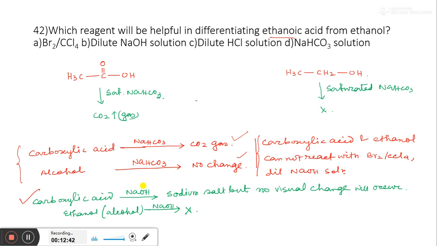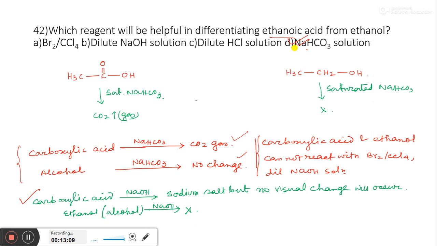The best reagent is sodium bicarbonate, where a visual change will occur: when sodium bicarbonate reacts with acid, it forms effervescence of CO2 gas, whereas ethanol cannot react. By seeing the effervescence of CO2 gas, we can identify that the sample is ethanoic acid or acetic acid. So the actual answer will be sodium bicarbonate solution, option D.